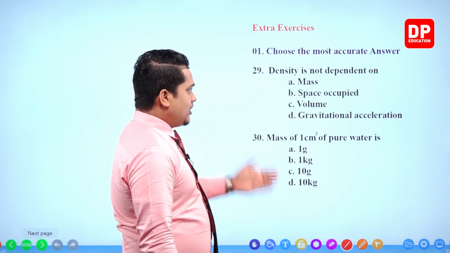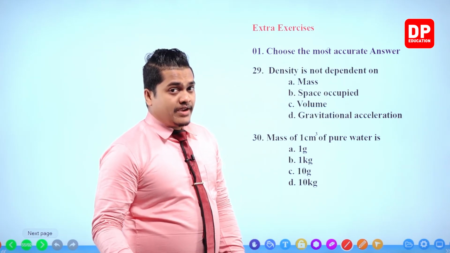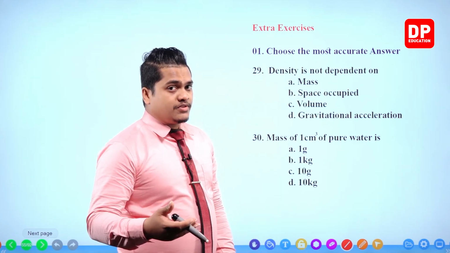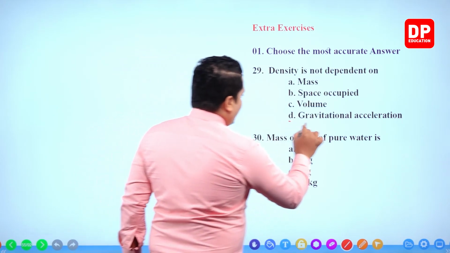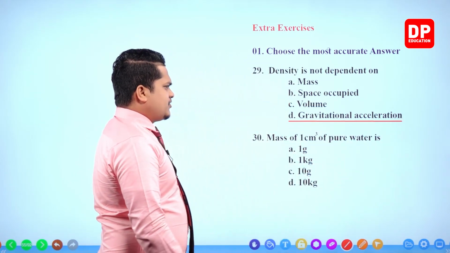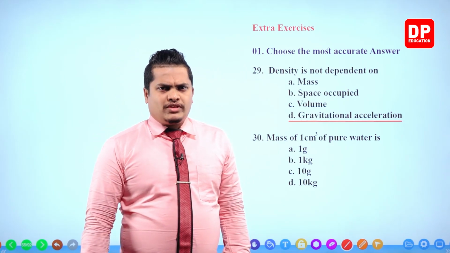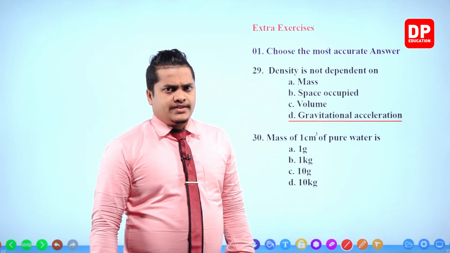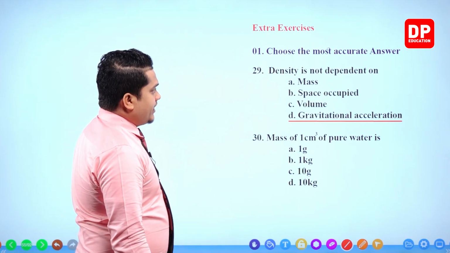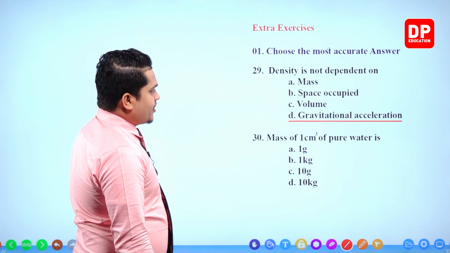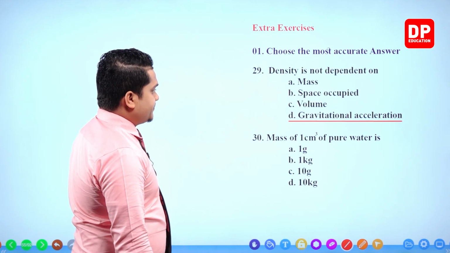Space occupied and volume, both things are the same, my dear children. The space occupied by a certain object is its volume. But there is no direct relationship with gravitational acceleration, right?